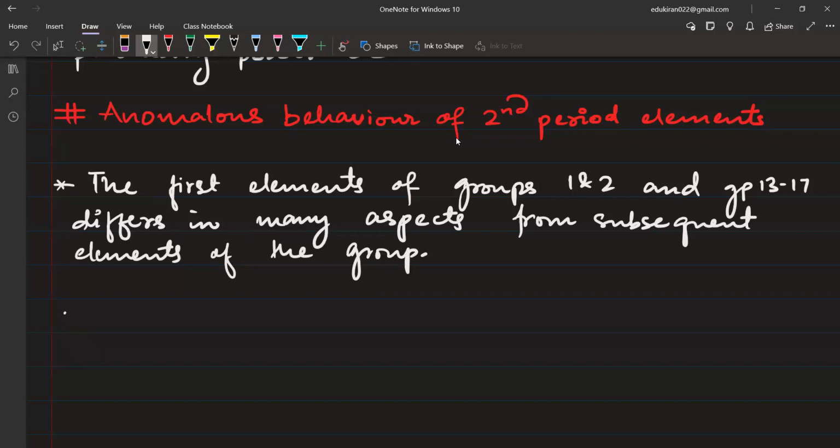Okay, right, next point. Now let us look at the difference between lithium and beryllium, है ना? इन दोनों को ले लेंगे, those two elements from group 1 and group 2, and we will look at how they are different from the other elements of the same group.